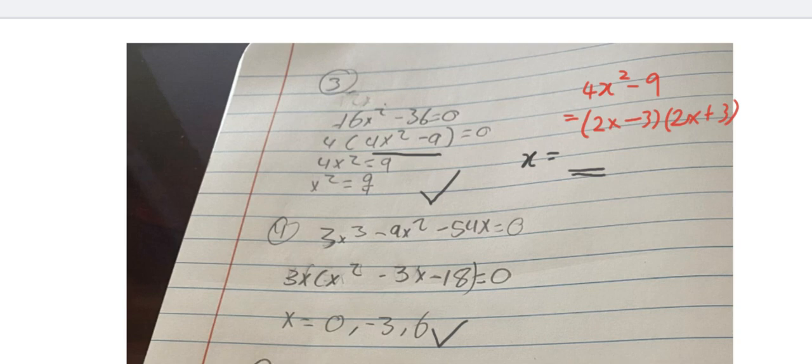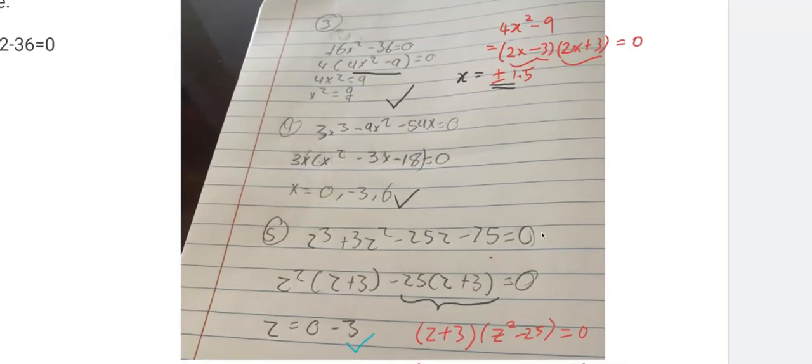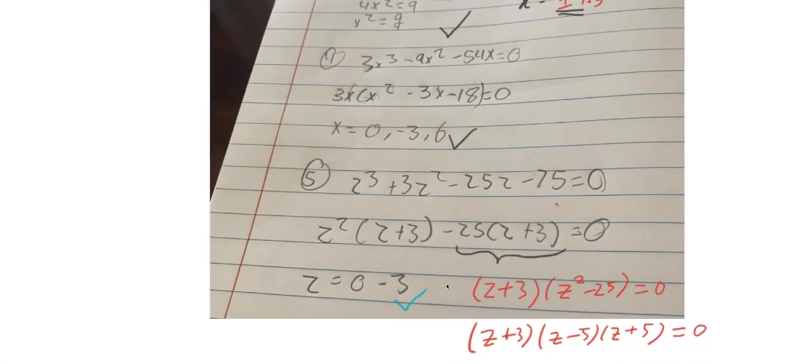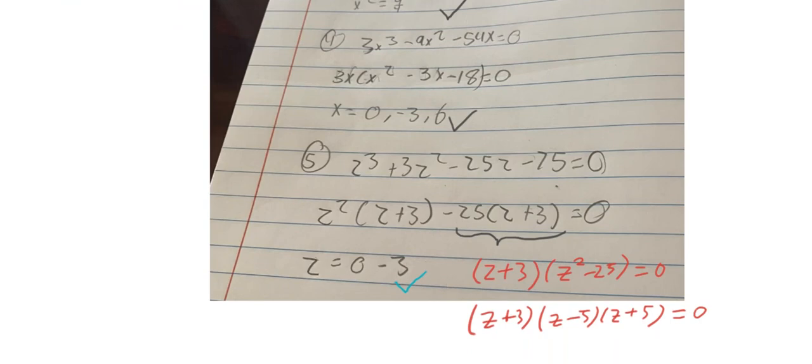And then for this thing to be equal to 0, you need this one or this one to be 0. So you can find the answer is plus or minus 1.5. Okay, and then question number 5, you need to factor the z squared minus 25 out.